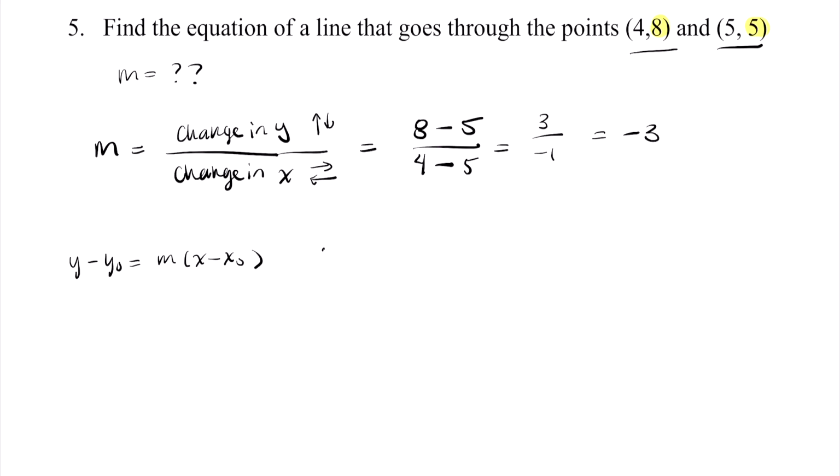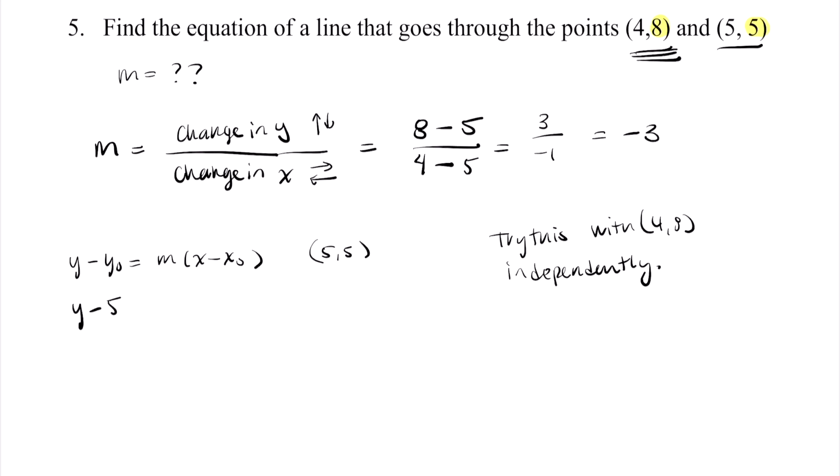So I'm going to use the point (5, 5). As an exercise, I would try this with (4, 8) independently. And you need to make sure you get the same answer when using this point. If you did not, then there must be some arithmetic error.